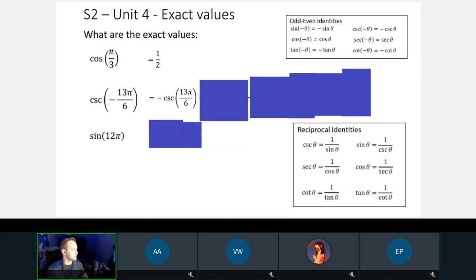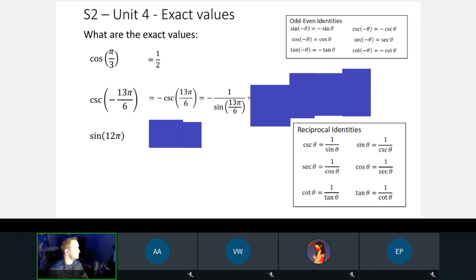All right, next, I'm going to rewrite cosecant as 1 over sine. And then we could just type this in right now, or you can rewrite it as a coterminal angle that's between 0 and 2 pi. And that's what I did, but it's not the only way. We could actually just type it in as we see it there.